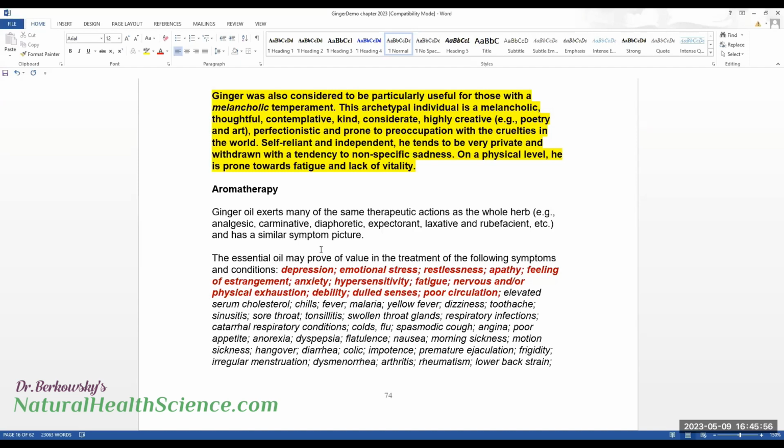Depression, emotional stress, restlessness, apathy, feeling of estrangement, anxiety, hypersensitivity, fatigue, nervous and or physical exhaustion, debility, dull senses, poor circulation. You take all of those together in composite, cumulative, and you're beginning to feel the failed state of the ginger oil individual.